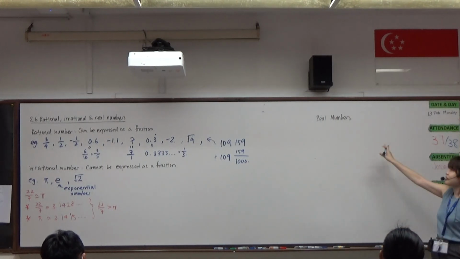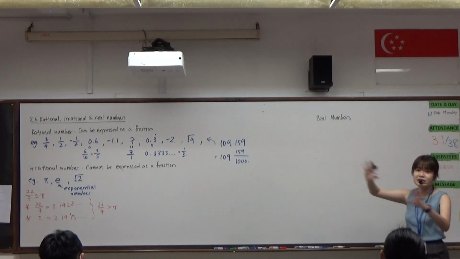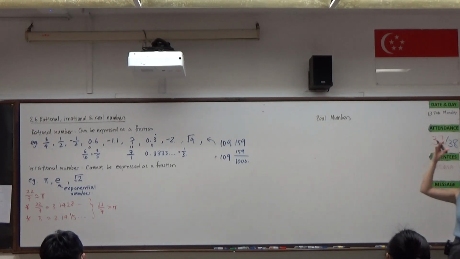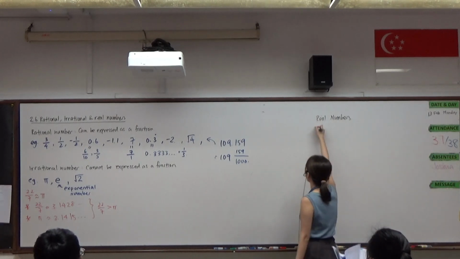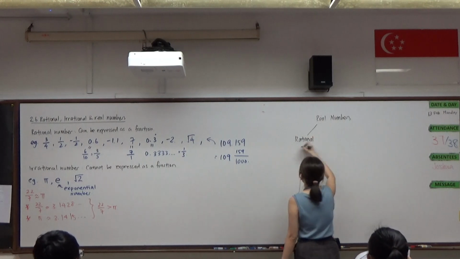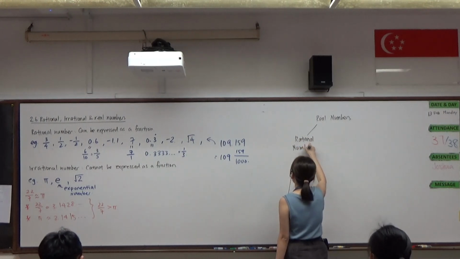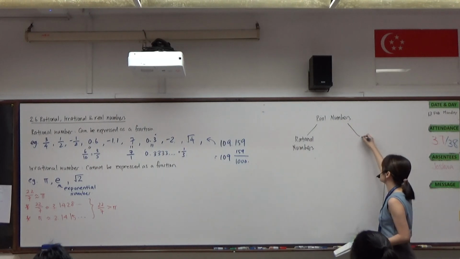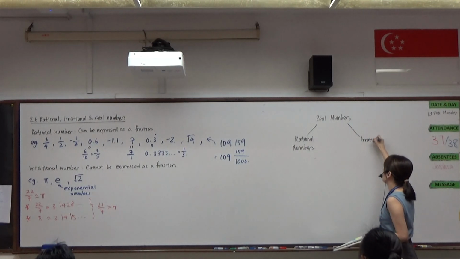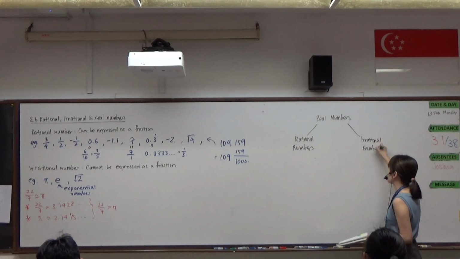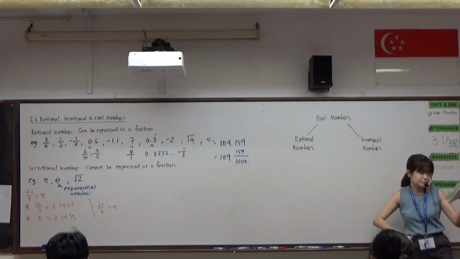So now, real numbers is everything. If you look at your textbook, page 62, there is actually a breakdown of your real numbers, where we're looking at maybe subsets, smaller breakdowns out of our real numbers. So we have our rational and irrational numbers as bigger branches, bigger idea.